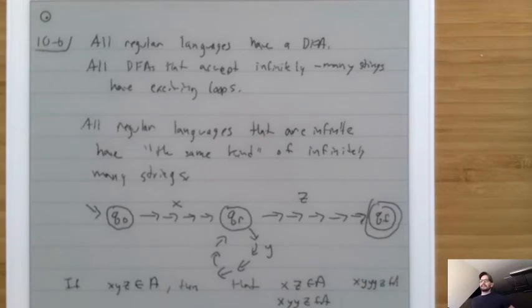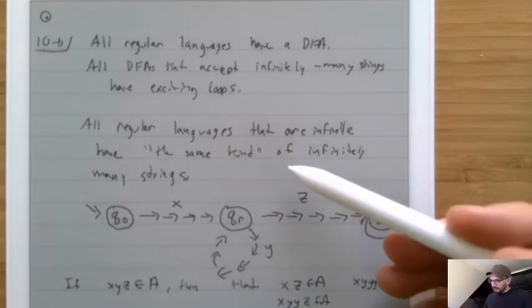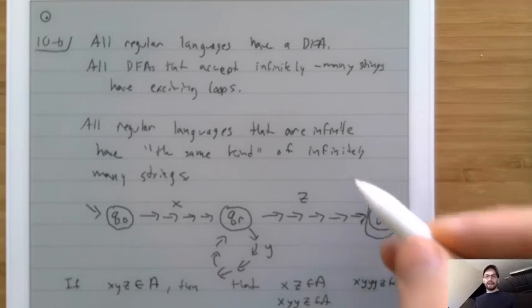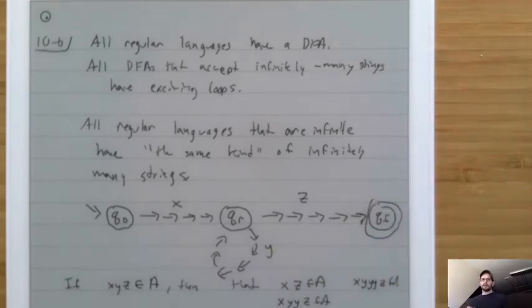There are in fact infinitely many things inside of there, each one corresponding to a different number of times we go around this loop. This property right here is the regular pumping property. It's the property that is in common with all regular languages. And every DFA that we've written so far has this property.